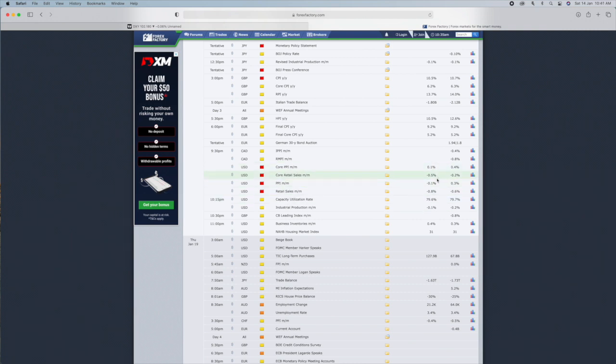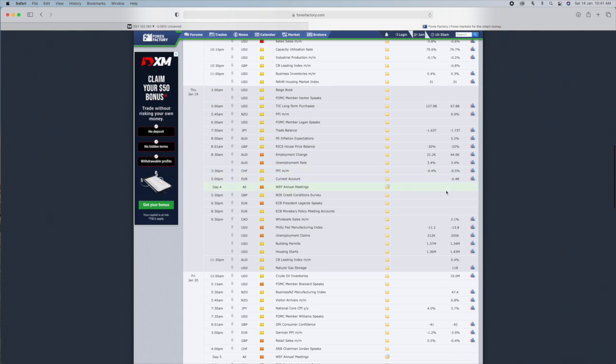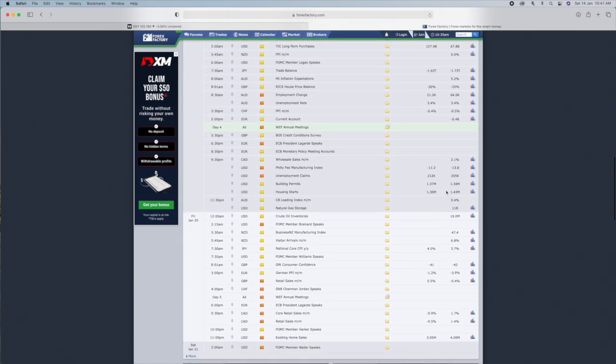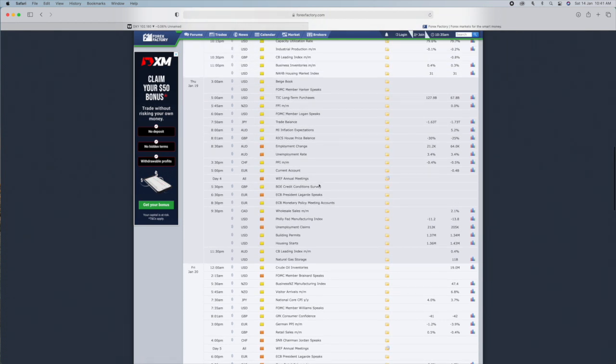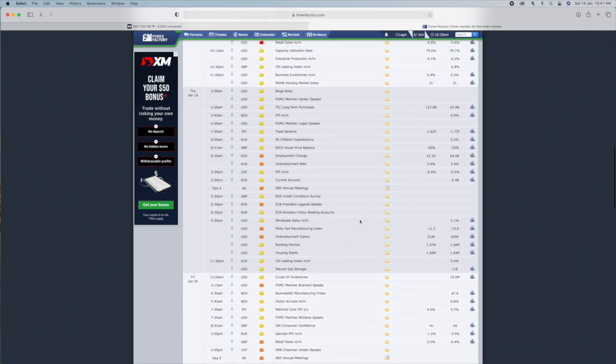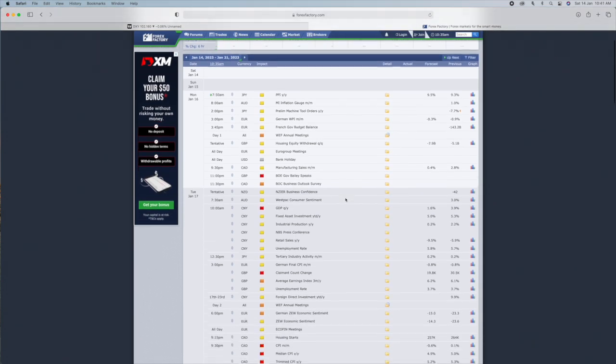And then on Thursday, nothing much, and on Friday also nothing much. But we could see some movements on Thursday and Friday as well. So let's see what we can expect for next week on the charts.